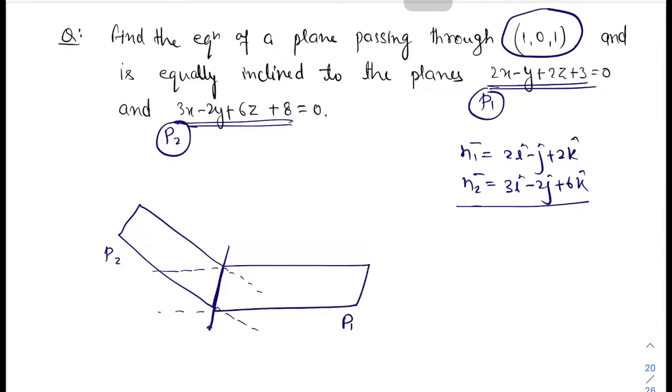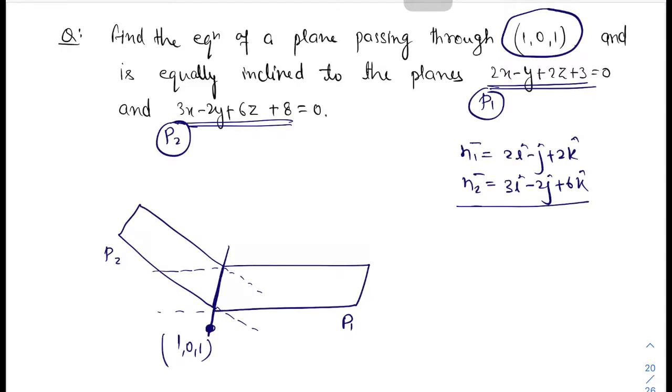Because if this line of intersection contains the point (1, 0, 1), then we are required to write the equation of such a plane which passes through this point and is equally inclined to P1 and P2. If the point (1, 0, 1) would have been on this line of intersection, then our answer would be the bisector of the plane.